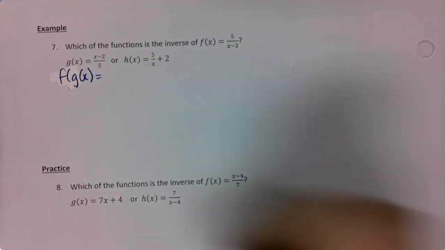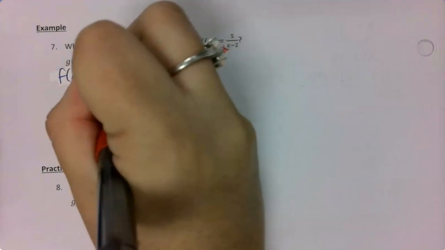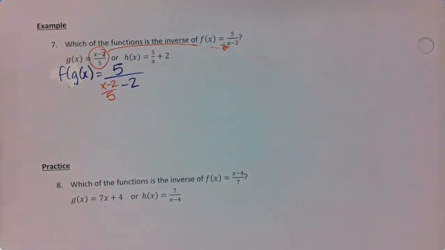So I'm going to be plugging in this x minus 2 over 5 for this x right here. Okay, so what's the first thing I want to do here?